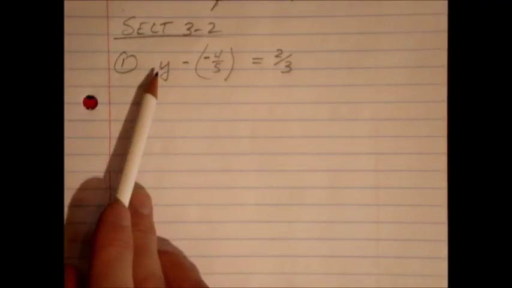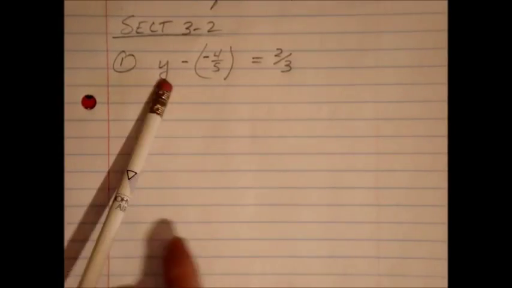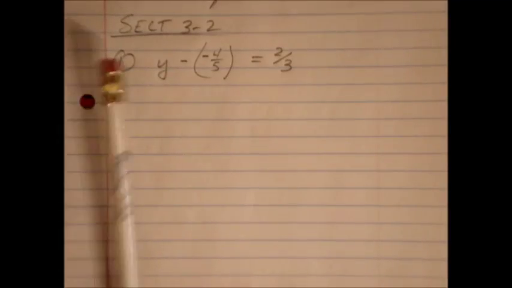What's the first thing you think you ought to do to that problem, Eli? You're told to solve for y. I would try to do 4/5 plus 2/3. All right.